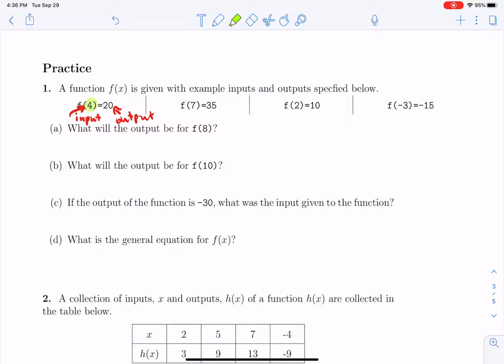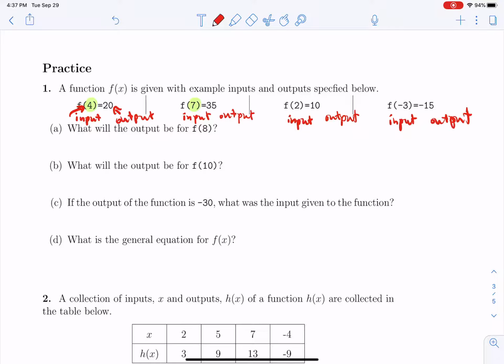In example 2, 7 is our input, 35 is our output. Example 3, 2 is our input, 10 is our output. And for the last one, negative 3 is our input, negative 15 is our output.